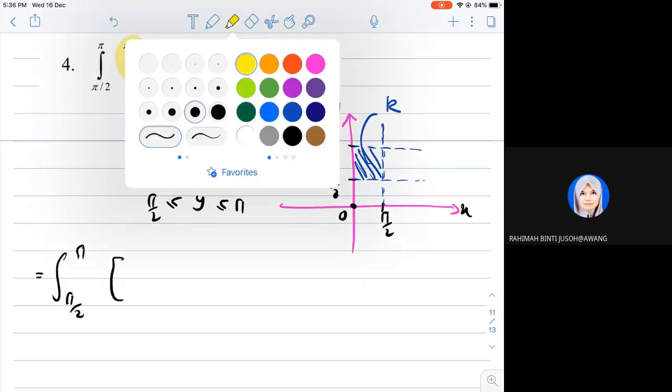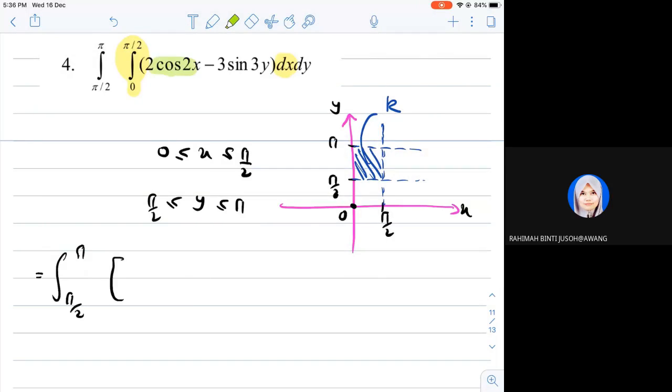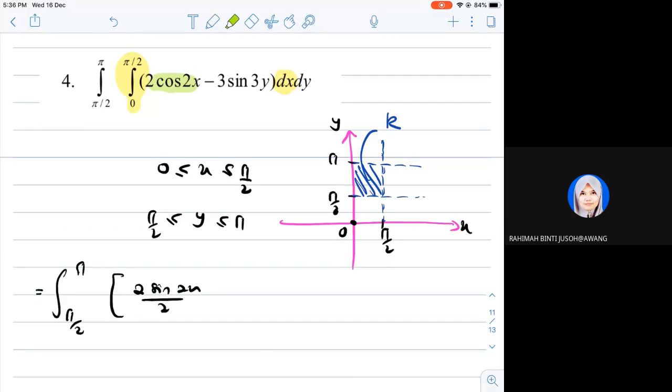Integrate cos, we will get what? Sine. So 2 sine 2x over 2. Now what happened to this, 3 sine 3y? We want to integrate with respect to x. So what happened? Negative 3 sine 3y.